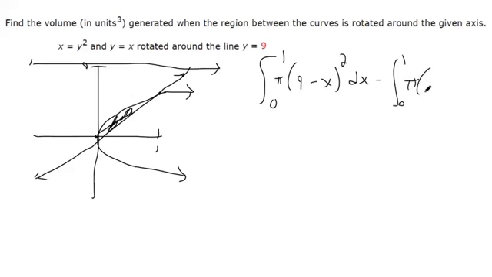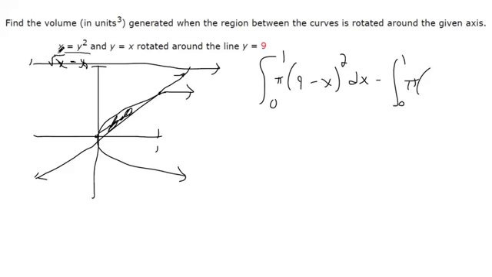Pi r squared in this case is going to be, how do we write it in terms of x? So I take the square root of both sides. You'd want to consider positive or negative, but y equals negative square root of x would look like this part down here. So we want y equals square root of x.